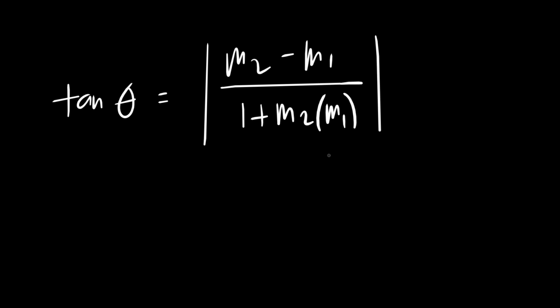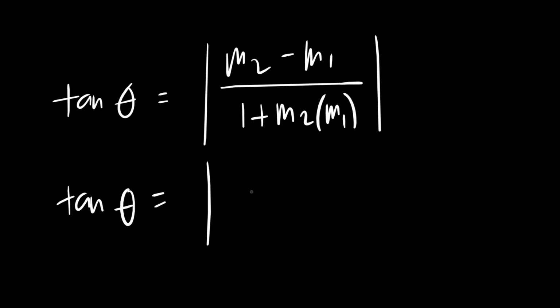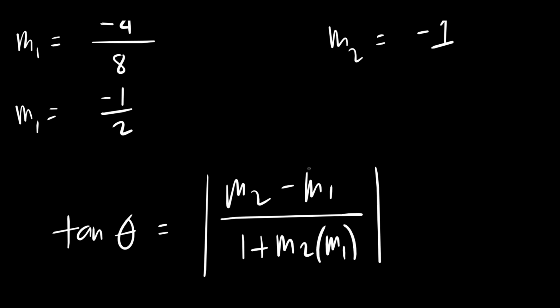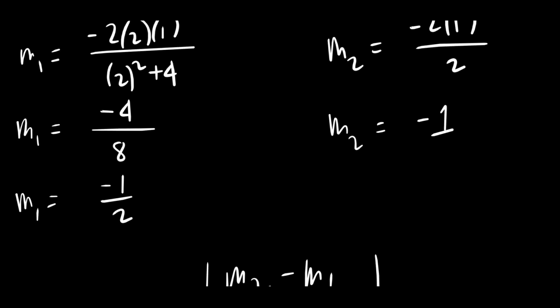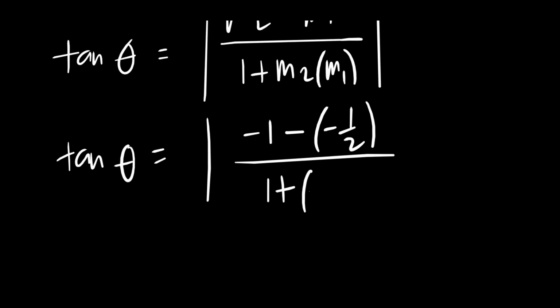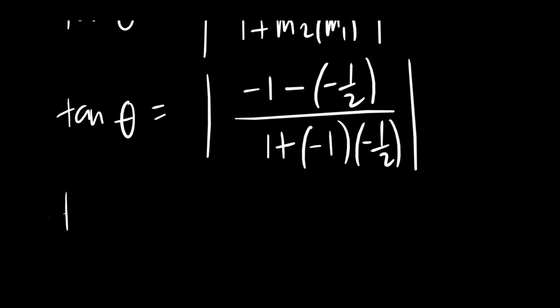So what is the value of m2? Negative 1. So negative 1 minus m1, which is negative 1 half, all over 1 plus m2 and m1, negative 1 and negative 1 half, in absolute value.